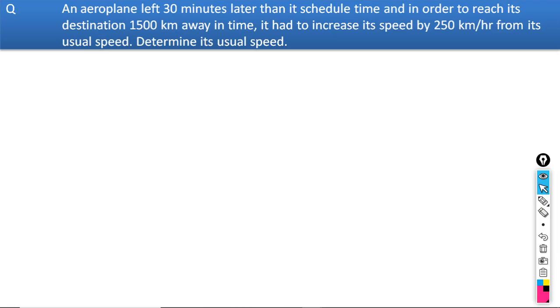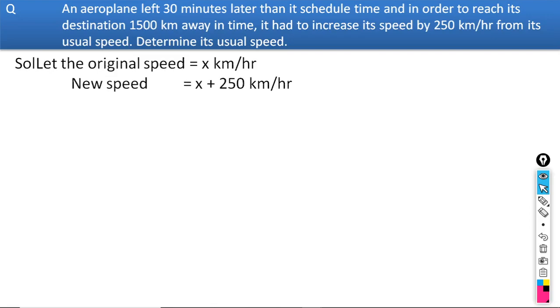Let us try another problem. An aeroplane left 30 minutes later than the scheduled time, and in order to reach its destination 1500 km away on time, it had to increase its speed by 250 km per hour. Find its usual speed. So the usual speed is supposed to be x km per hour. The new speed will be x plus 250 km per hour.